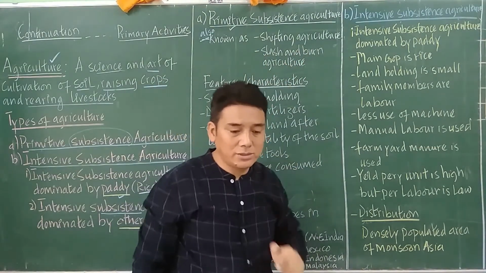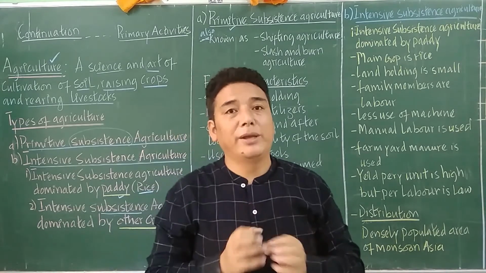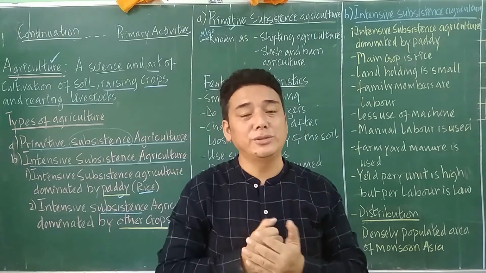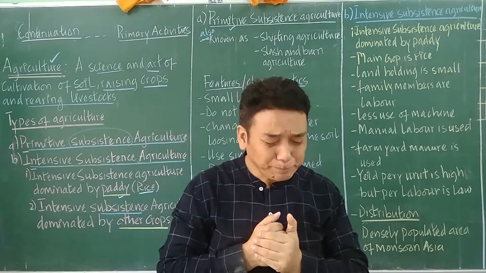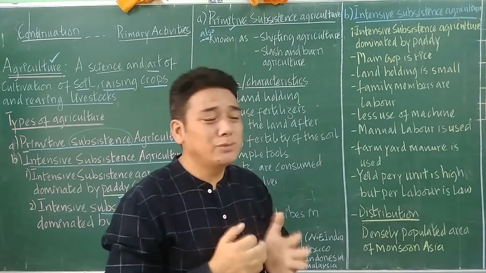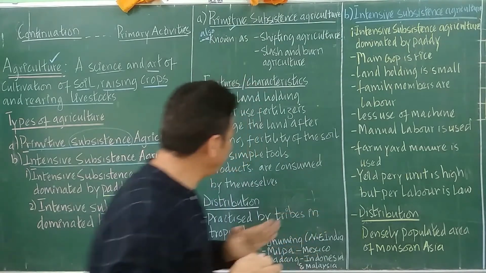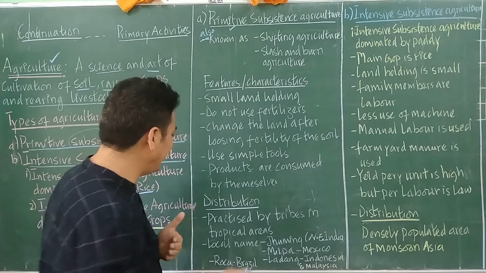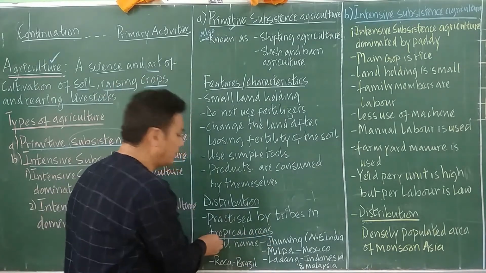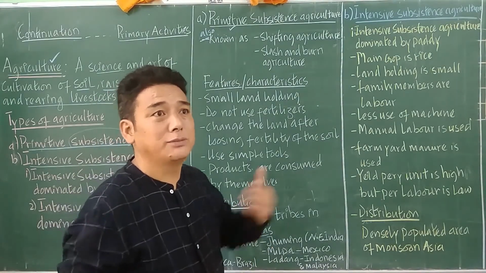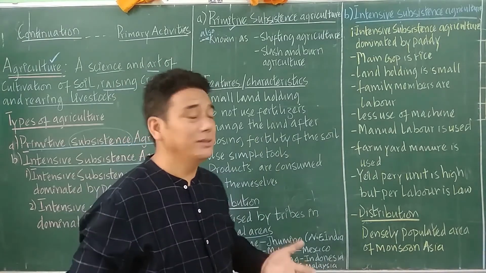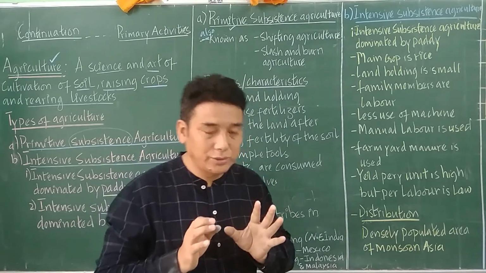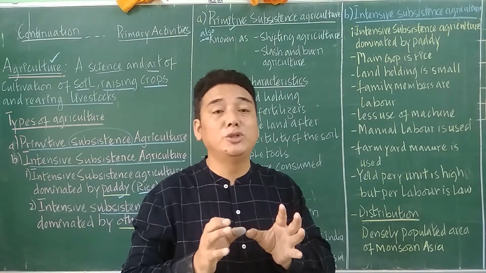Now this is the olden method of cultivation of soil, and it is mostly practiced in the tropical thick forest area. So what will the farmer do, what will these primitive people do?